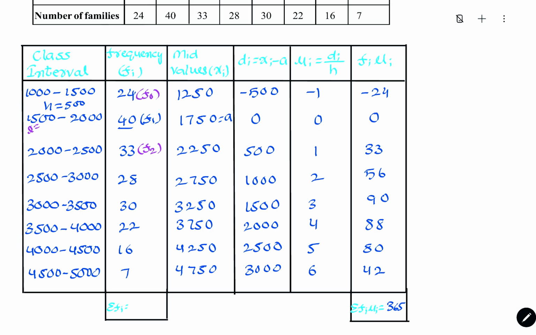Here write f0. Now write here all values. h is equal to 500, lower limit 1500, f1 40, f0 24, f2 33.